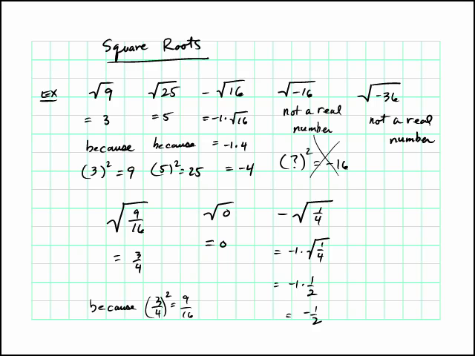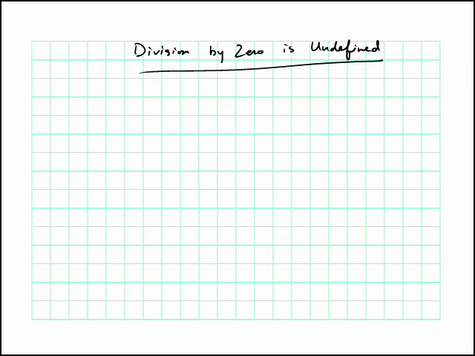Okay. One more thing to mention here for our little review, and it is division by 0. Division by 0 is undefined. Can't do it. And here's why.